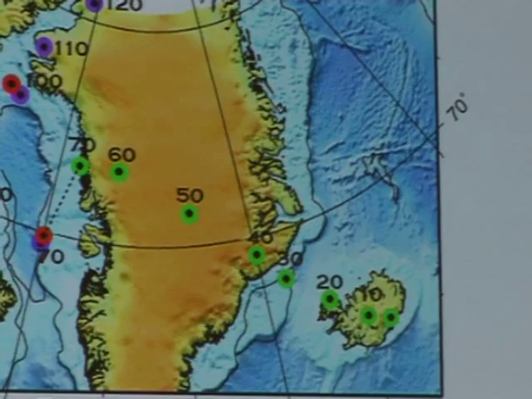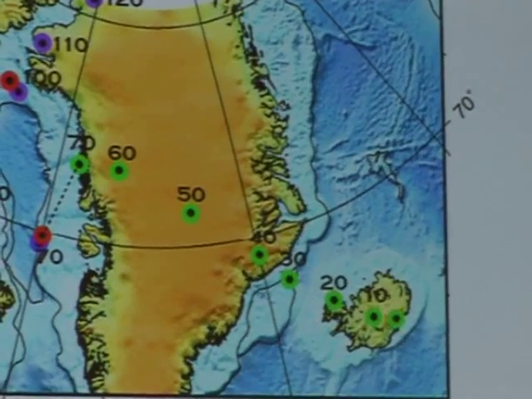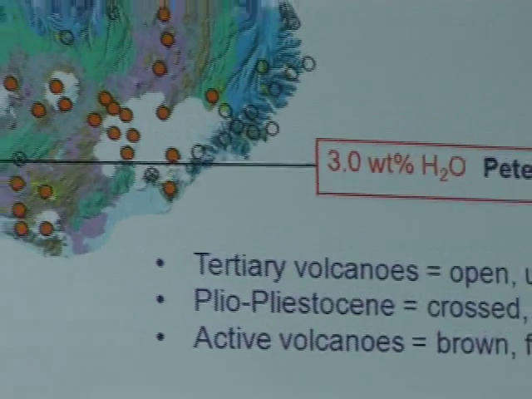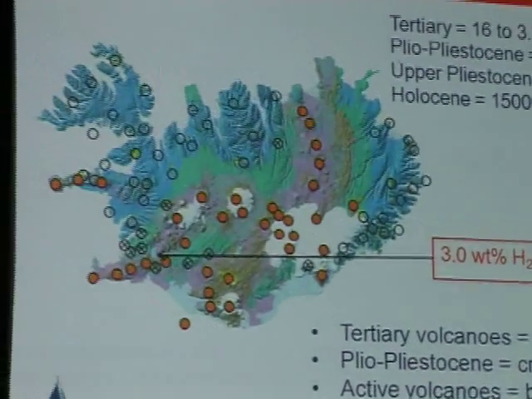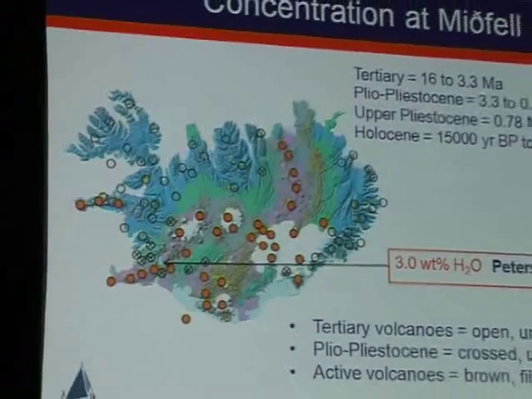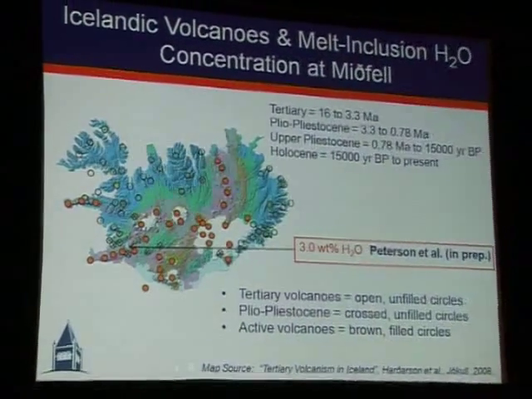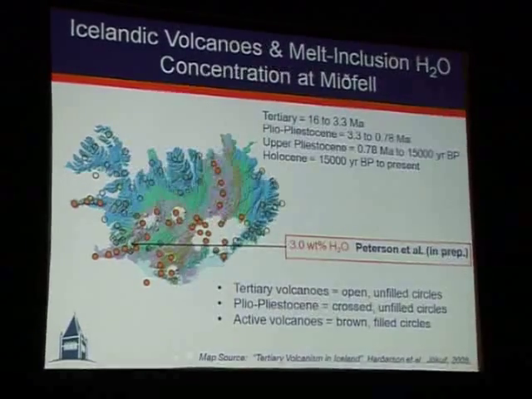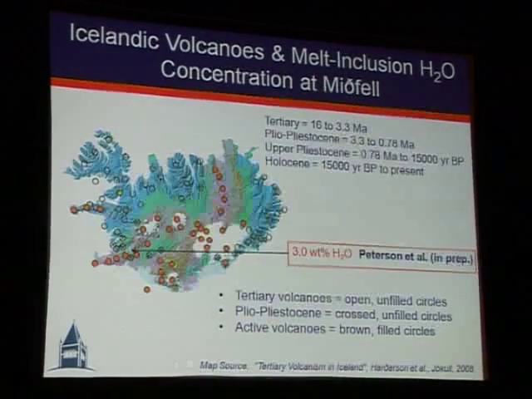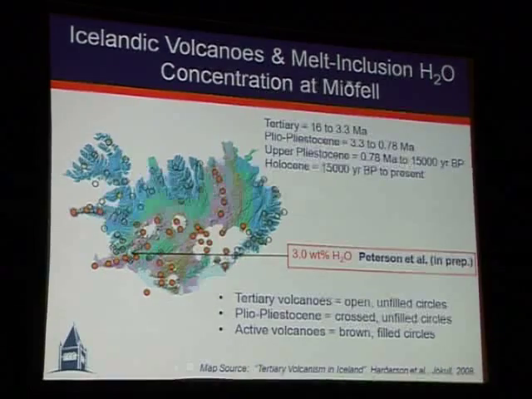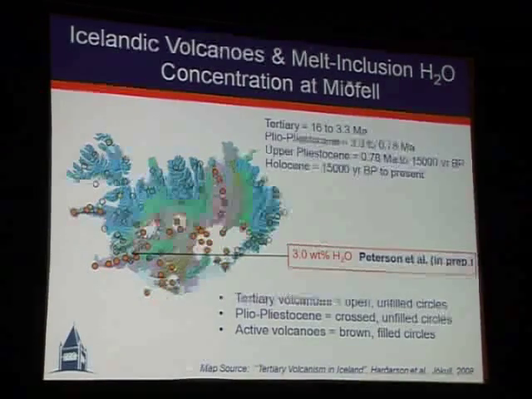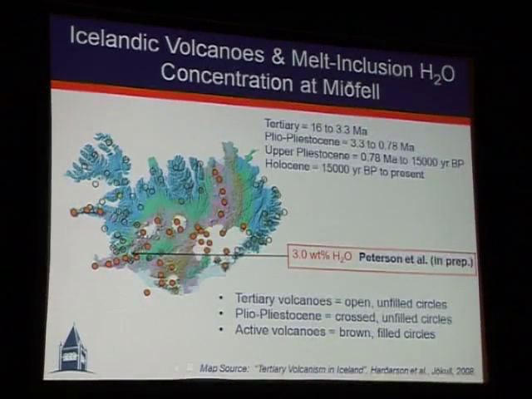of Iceland today. Work in Iceland is just getting underway, but Mary Peterson, who may actually be in the audience here, was a student at the University of Michigan when I was there, and we analyzed a few samples from the southwestern ridge of Iceland, and in that particular place where we have picritic compositions for magmas, we find 3 weight % water.